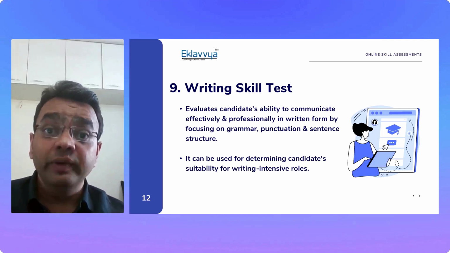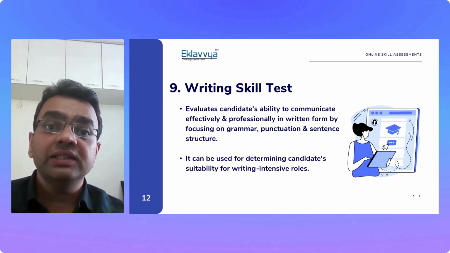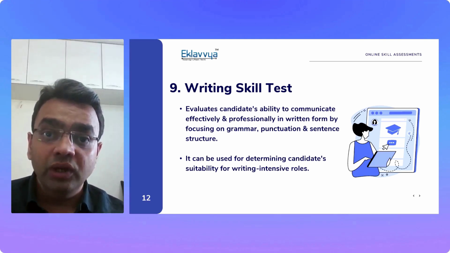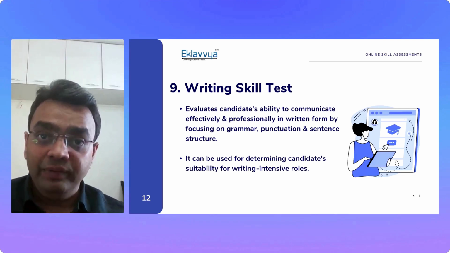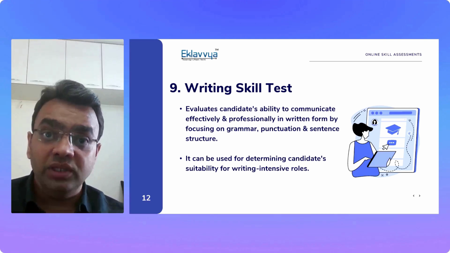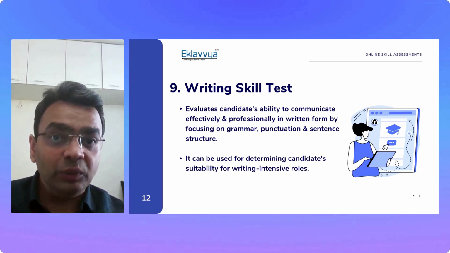Writing skill assessment is very useful in both academic and corporate hiring processes, where during an interview it is very difficult to assess a candidate's ability to write logical, grammar free language. So you can certainly use writing skill assessment to evaluate the writing ability of the candidate.